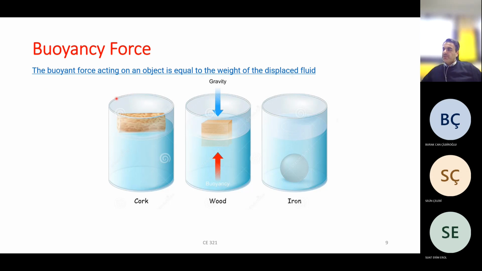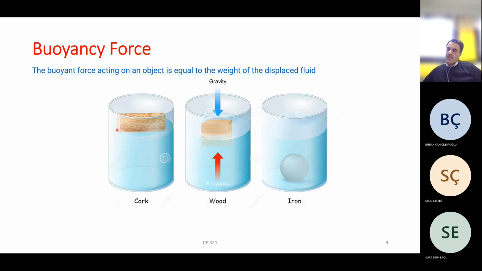Okay, so the last part of this chapter is buoyancy force. We talked about the force acting on any object in the water. The object can be horizontal, vertical, or curved, and we can calculate the force acting on it.